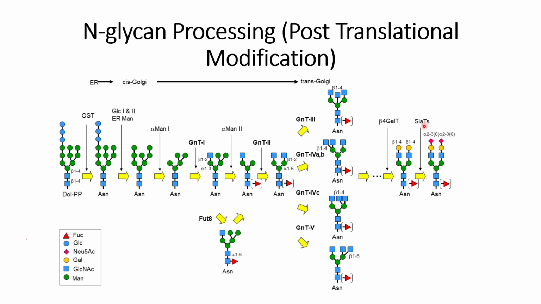And thereafter, the sialyltransferase enzyme will act. That will lead to this alpha 2,3 sialic acid formation at the galactose structures that were formed in the previous step. So I hope you got the basic idea of how N-Glycan processing occurs within the mammalian cells.